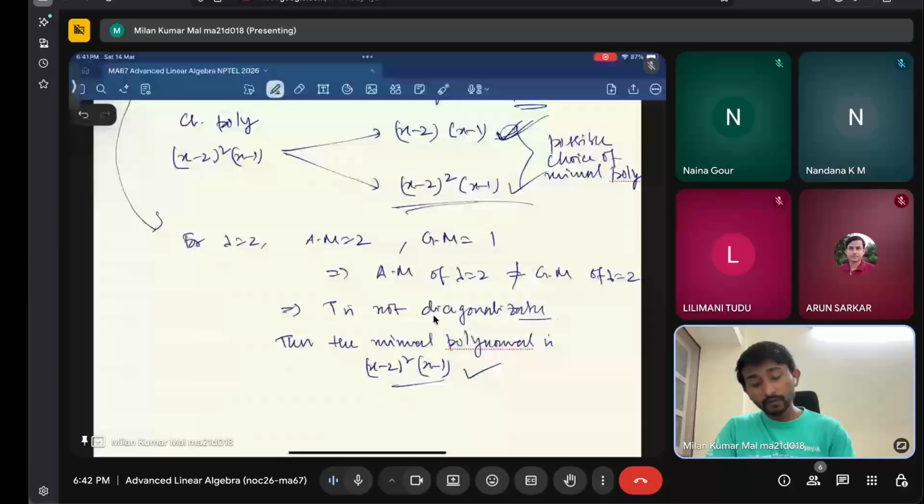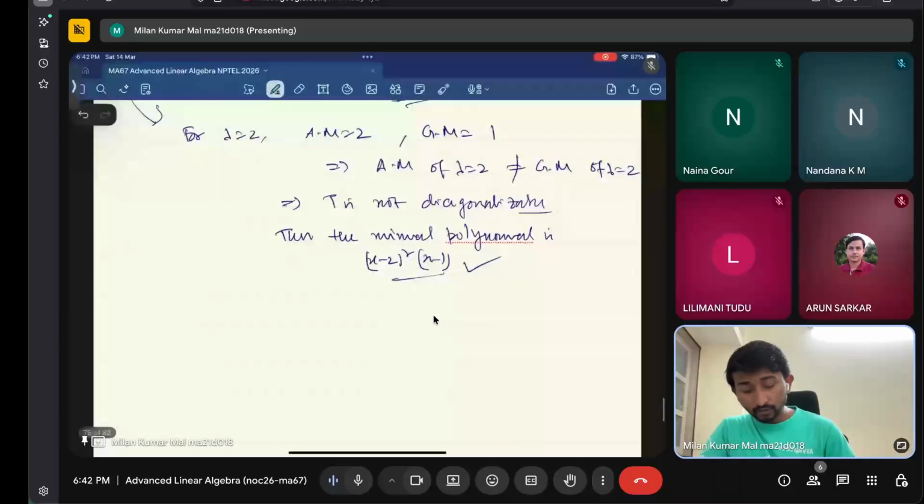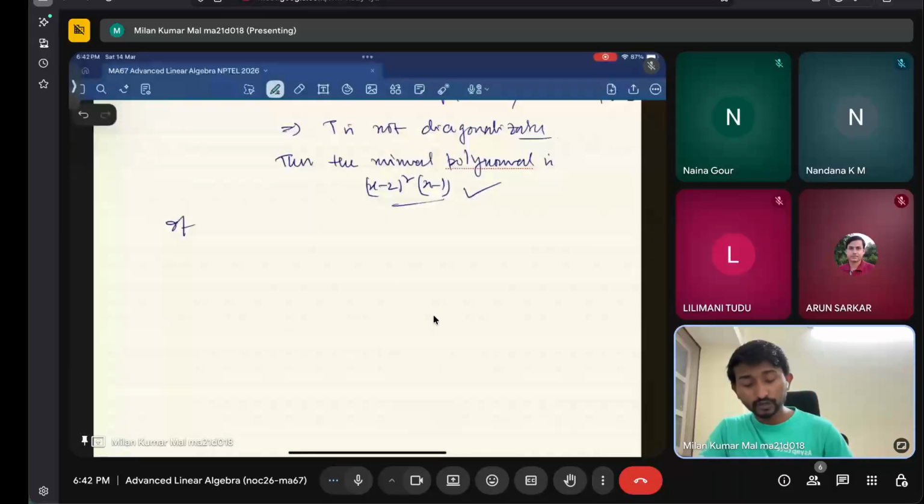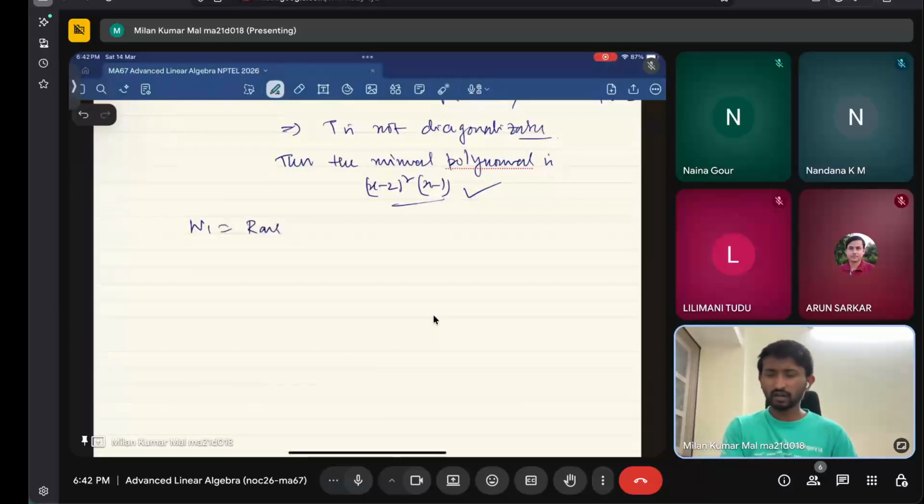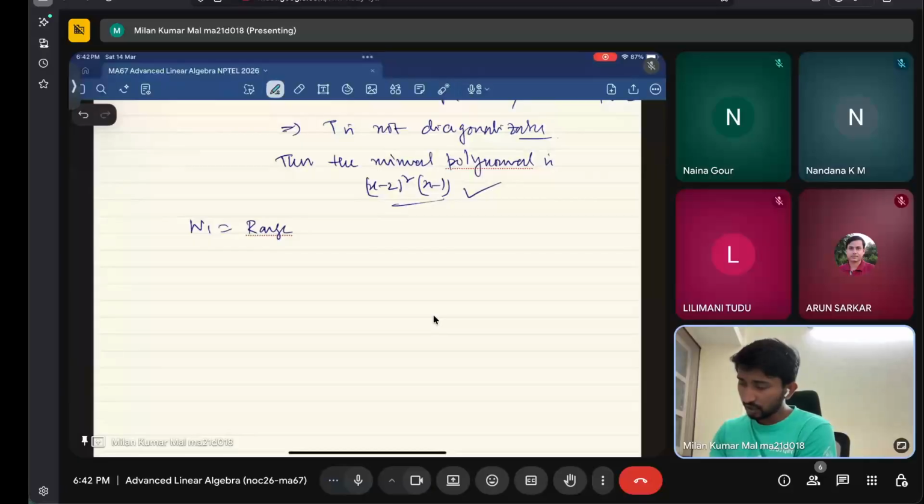So once this is the minimal polynomial, what does the primary decomposition theorem say? Suppose this is the primary decomposition theorem. Let W1 be equal to the kernel, sorry, I think that has to be kernel.